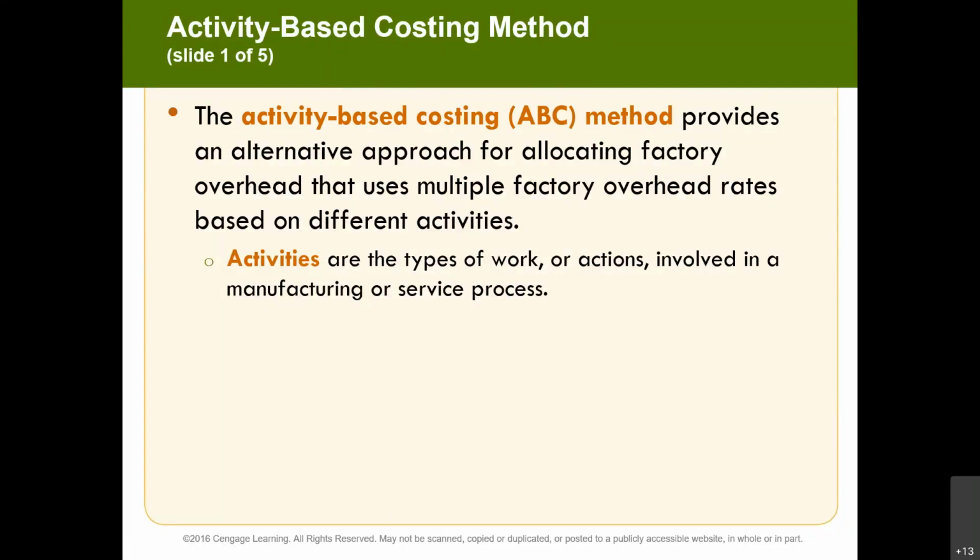Activity-based costing provides an alternative approach for allocating factory overhead that uses multiple factory overhead rates based on different activities. So instead of taking factory overhead and applying it to the whole company through a single allocation, and also instead of applying it by department, we can apply it by activity.